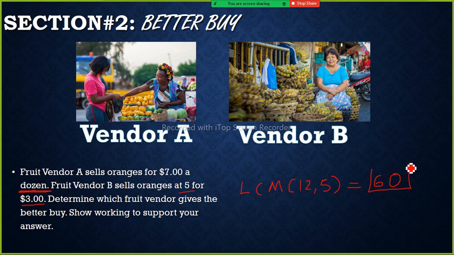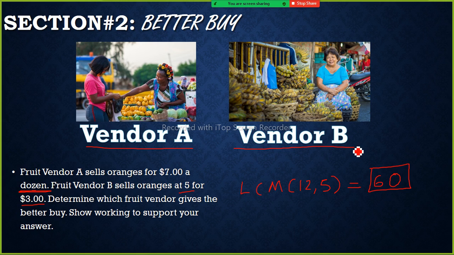So we need to figure out how much I get. For vendor A, we need to figure out how much it is for 60 of the oranges she's selling, and for vendor B, we need to find out how much it is for 60 of them. The reason we choose 60 is because we need a quantity that is equal for both of them.